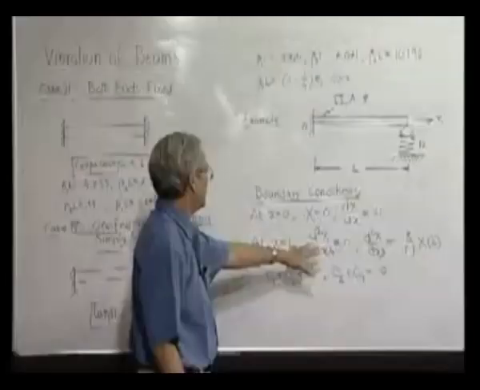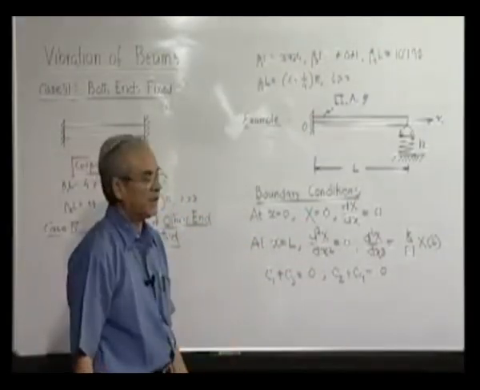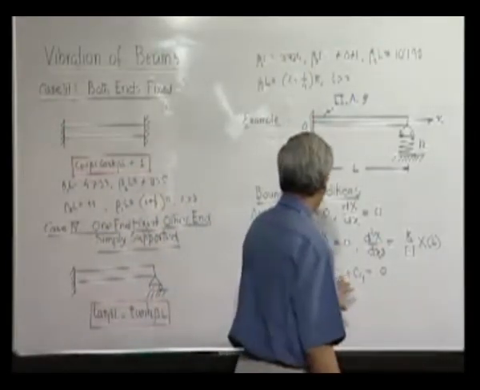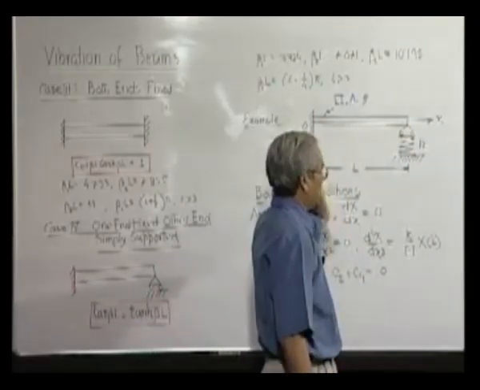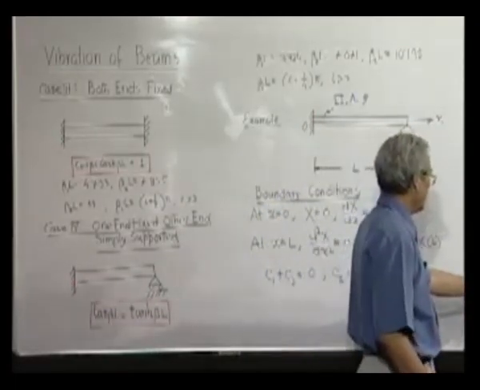So till this third condition there is no difficulty. We can always use these two to eliminate C3 and C4. The last condition is when we use this at x is equal to L.